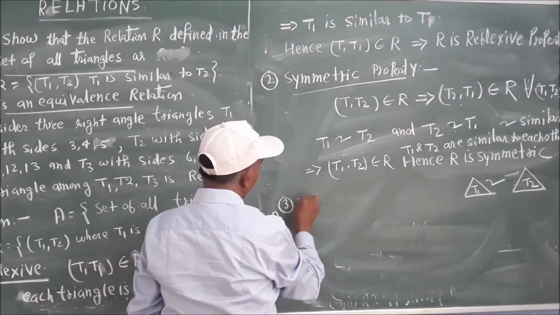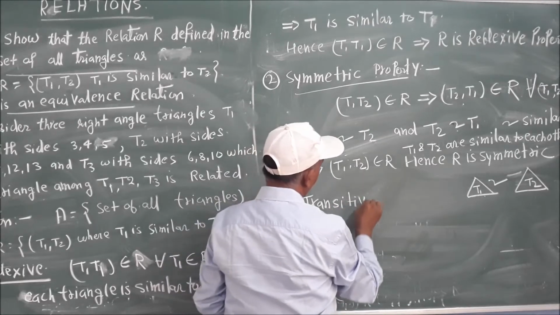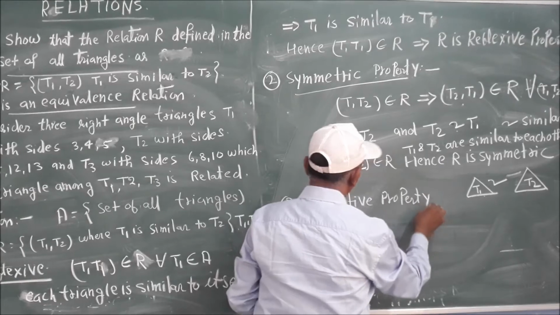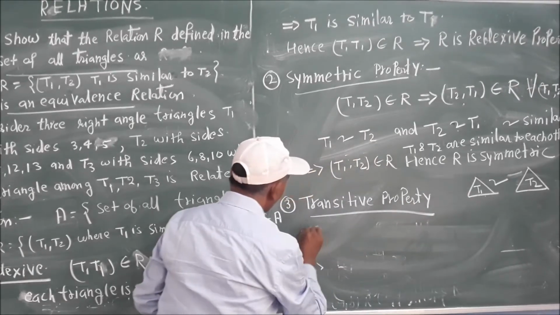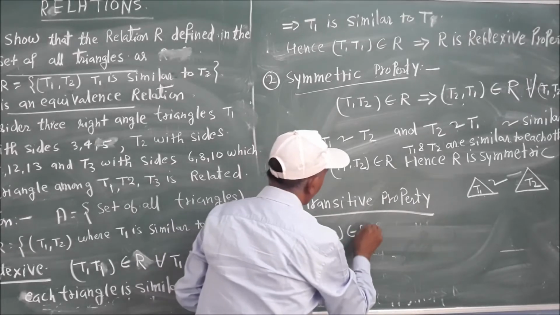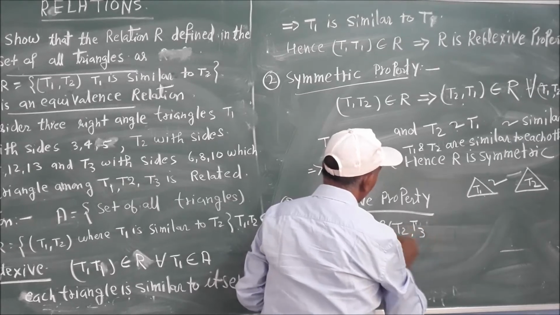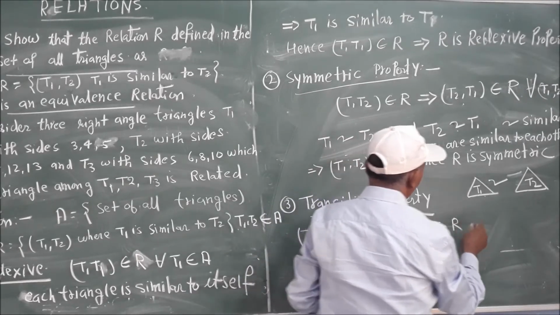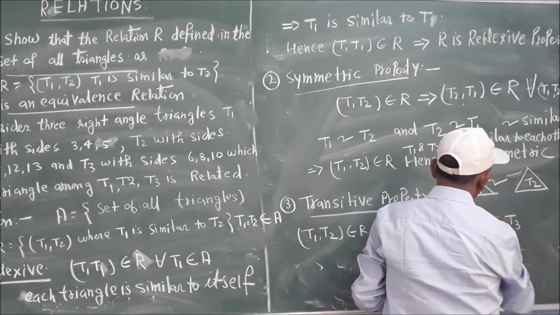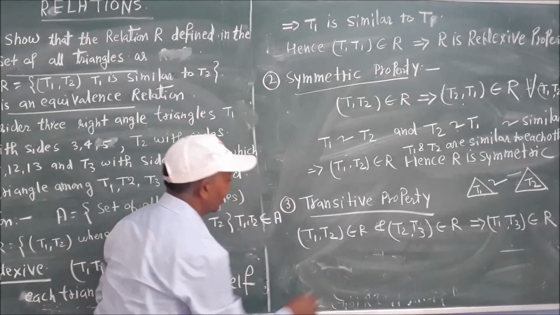Third property is the transitive property. For the transitive property, (T1, T2) belongs to R and (T2, T3) belongs to R implies (T1, T3) belongs to R. So watch here, what is its meaning?